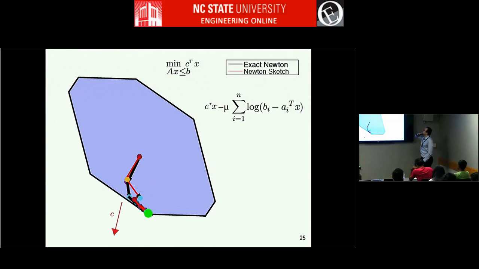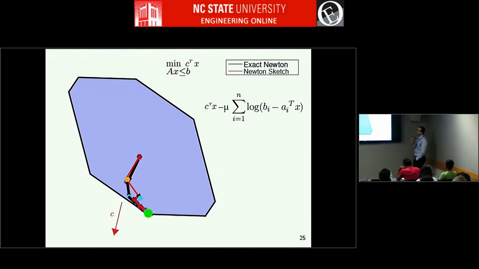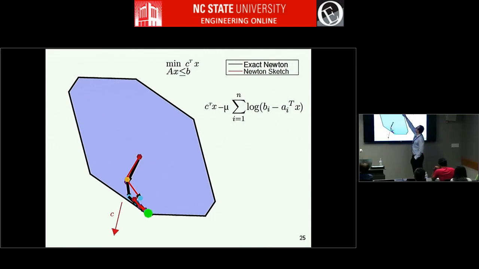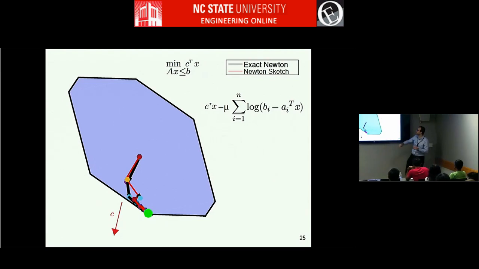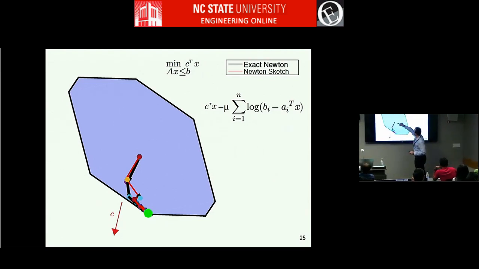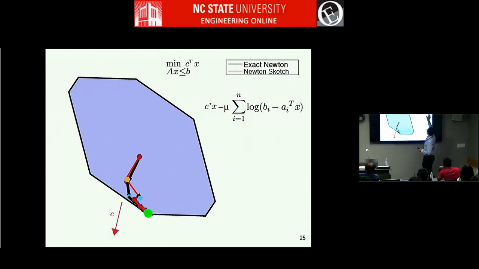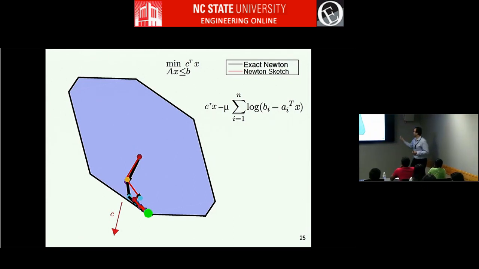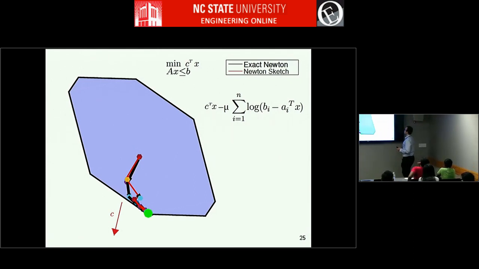So it's very common to employ a barrier method for these types of constraints. Instead of enforcing Ax less than b exactly, I will have a barrier function which will force me inside this set. Okay, so as I get closer to the barrier, this log will blow up to minus infinity, and then I will be forced to stay inside.